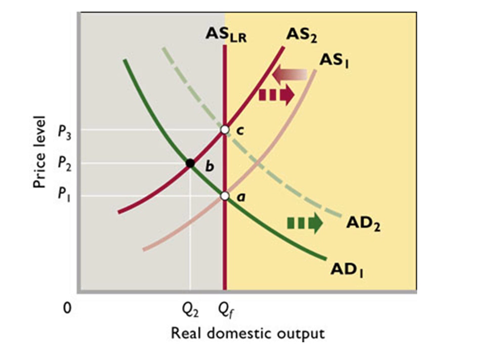So the shift back from AS1 to AS2, from point A to point B, can actually be fixed all by itself by businesses following their own incentives, trying to make the most profit. And so they claim that you would move back, as businesses would shift it back over time by lowering their costs. Therefore, the best option would be to do nothing.